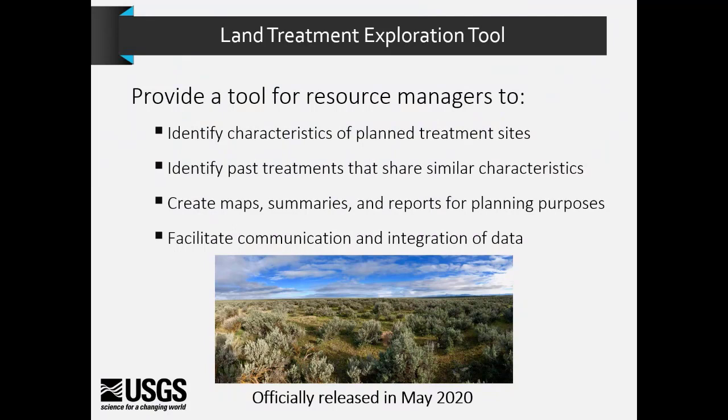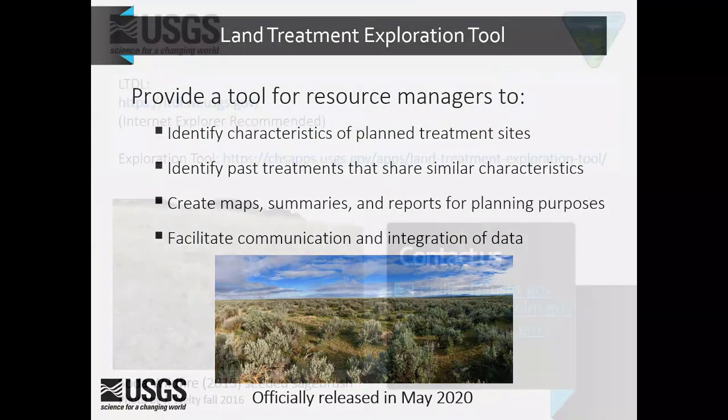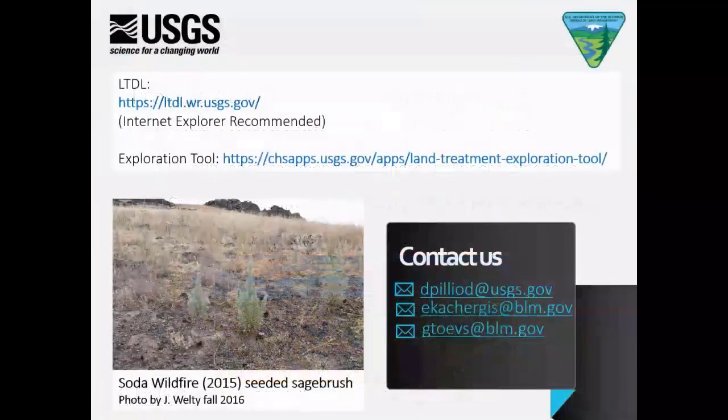And this facilitation of communication is so important for adaptive management, and this is one of our areas that we're really trying to promote. Officially, it was released this last month in May 2020 and is being implemented in several field offices as we speak. So I'm going to stop there and let Michelle take over.